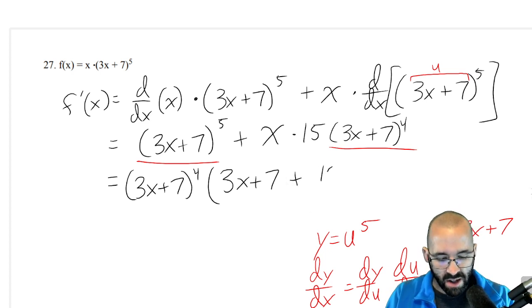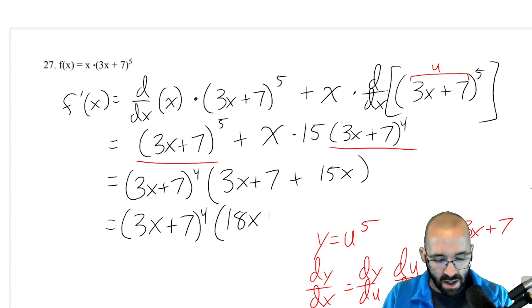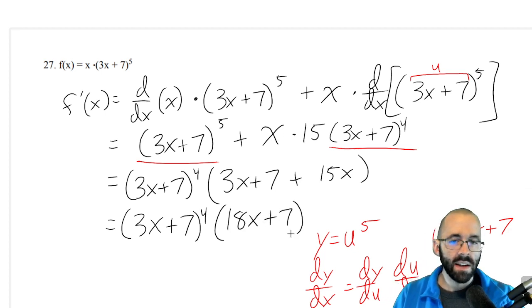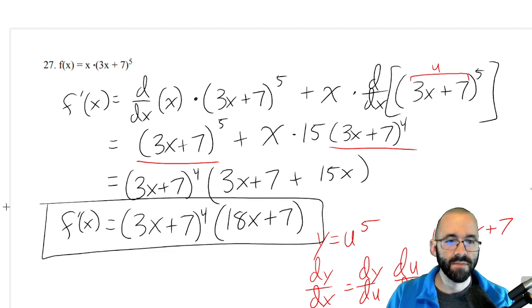The second term is left with a 15x. And then we can simplify to get (3x plus 7) to the 4th times, combine like terms, 18x plus 7. No more combining, no more factoring. That's our final answer. There it is.